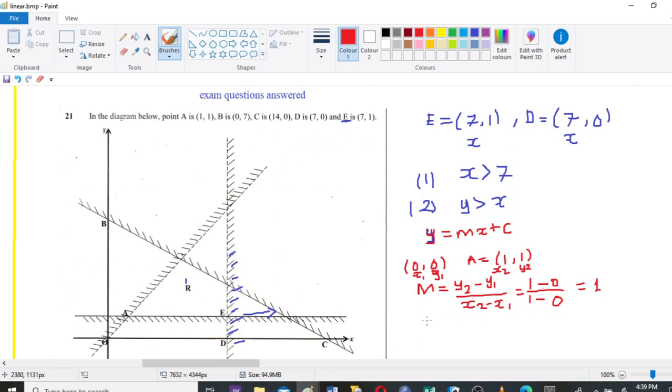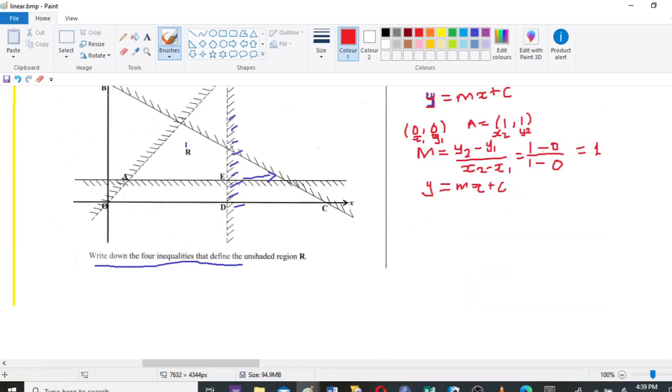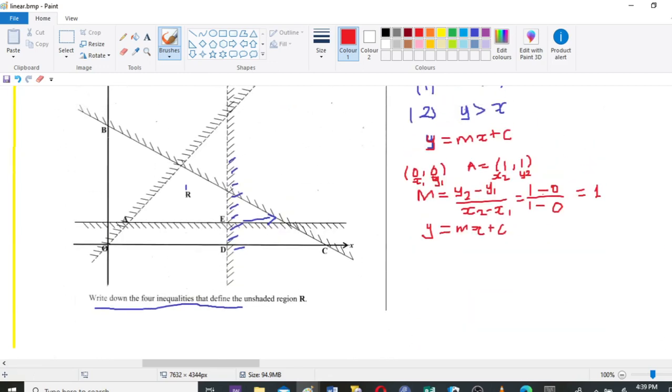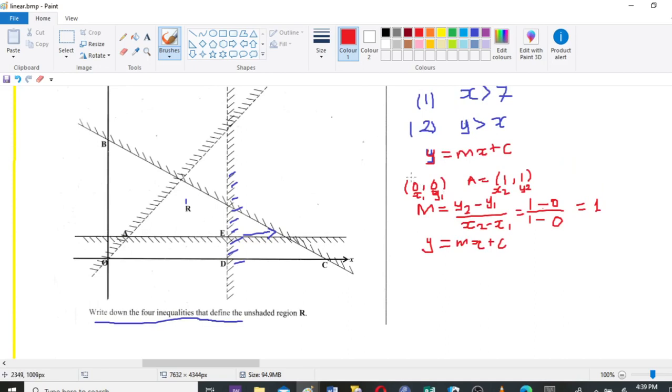Now you can use the same equation again. This time we want to calculate for c. The value for c, you can use this set here: 0, 0, so you have your x and your y value, which means your y value is 0.